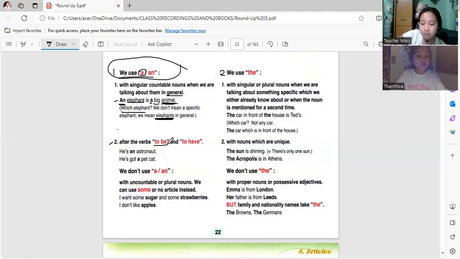So when you hear this word to be, what comes to your mind, Tan? To be. So you're talking about what you want in the future, right? Or to exist.